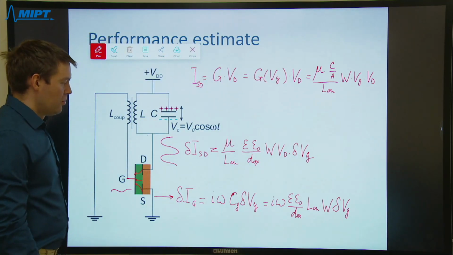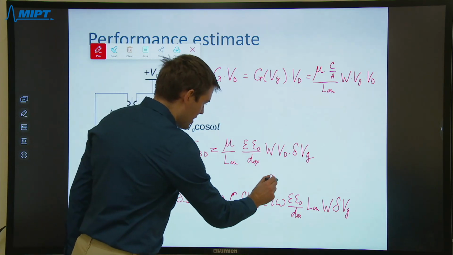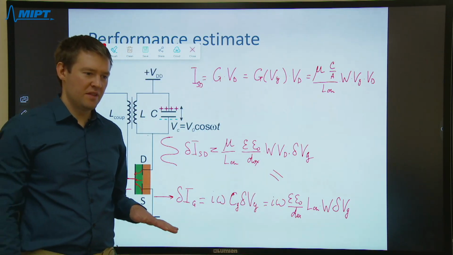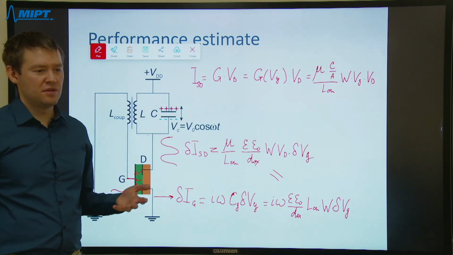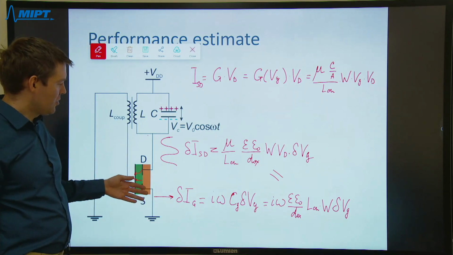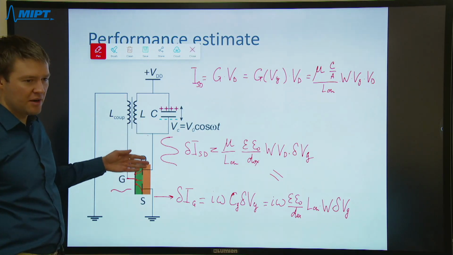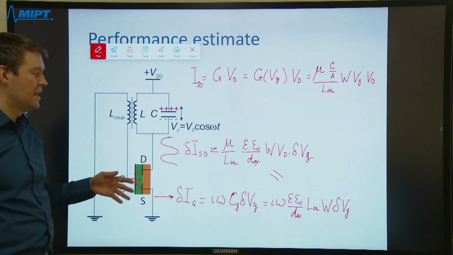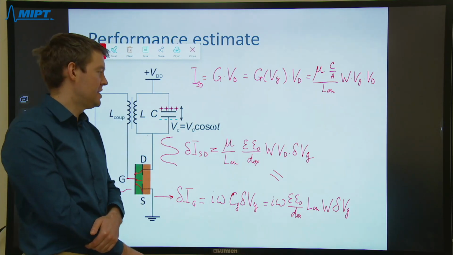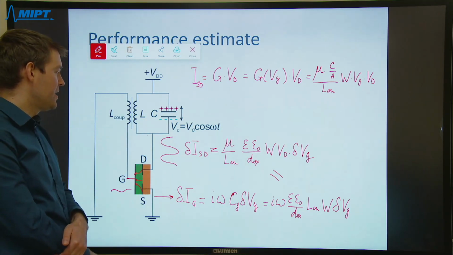So now we equate these two currents. When these currents are equal, it means that the transistor operation is useless. Like we have parasitic current equal to the amplified current in the source drain circuit. And it means that the transistor has almost lost its gain property.